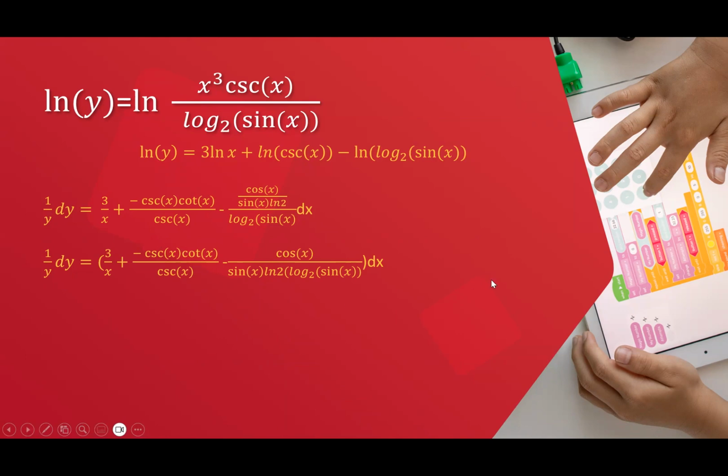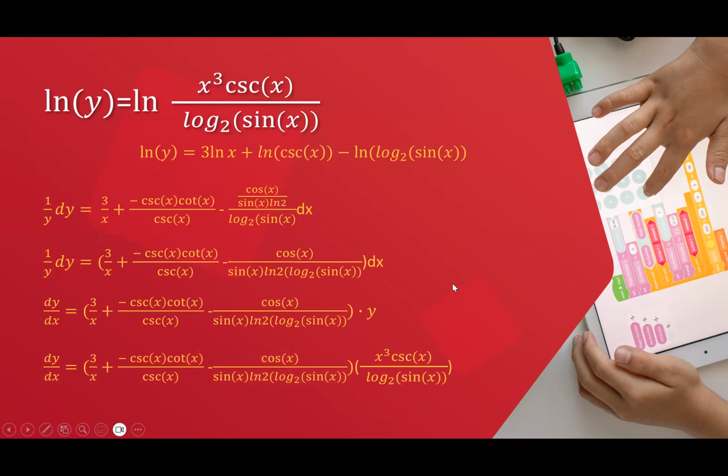Notice I didn't cancel those out. I probably should have, but I didn't. And the last step is to replace the y. We see that y is equal to x cubed cosecant of x over log base 2 of sine x. Take that y out and substitute equals for equals. And this monstrosity is our final answer.